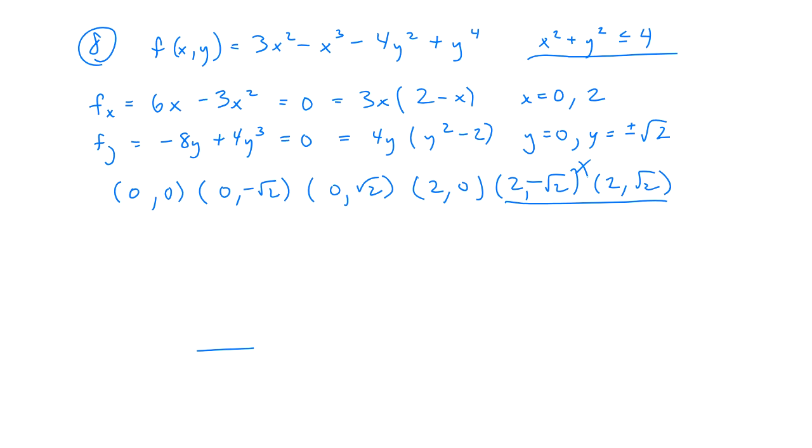So now we have to look at the boundary, and this is similar to what we did before. The boundary is x squared plus y squared is equal to 4. Looking at this, which one is going to be easier to solve for? Do we want to solve for x or y?